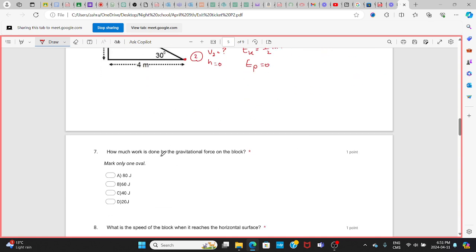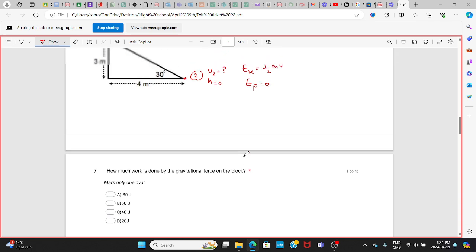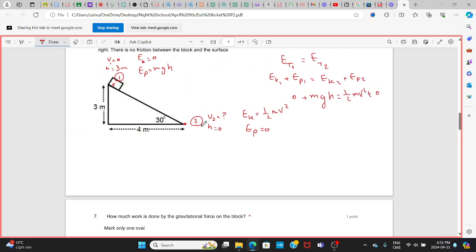So let's see what the question said. How much work is done by the gravitational force on the block? Okay, it is moving from here to here, right? If I want to find how much work is done, do you remember that the work done is equivalent to the change of kinetic energy?